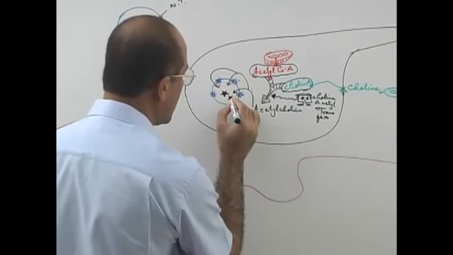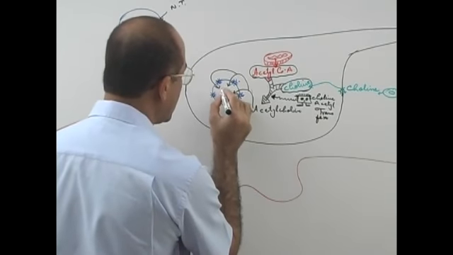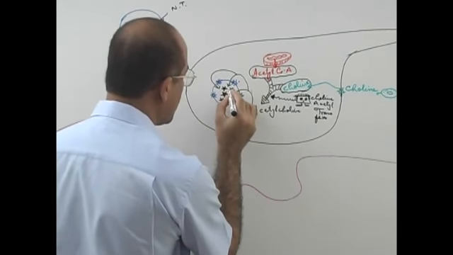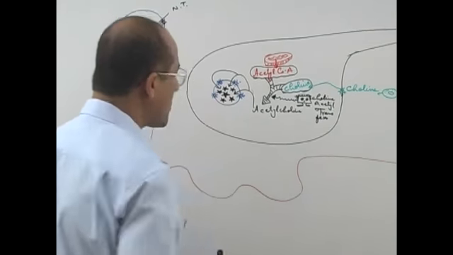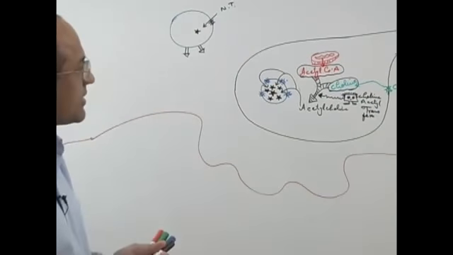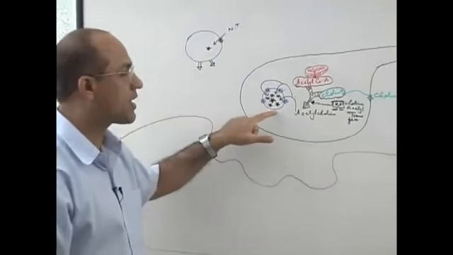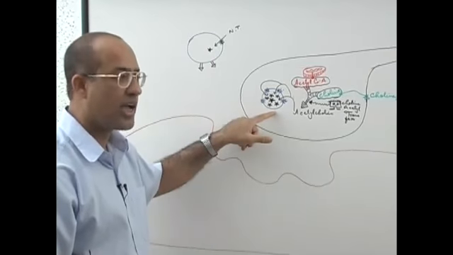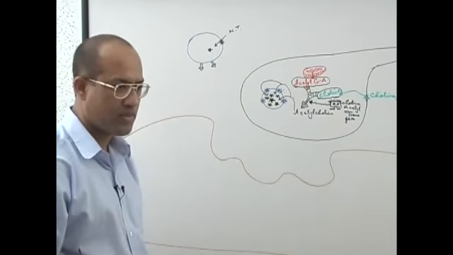So acetylcholine is concentrated into these vesicles. Am I clear? No problem up to this? In this way, we have synthesized the chemical signaling molecule and stored it in the nerve ending.